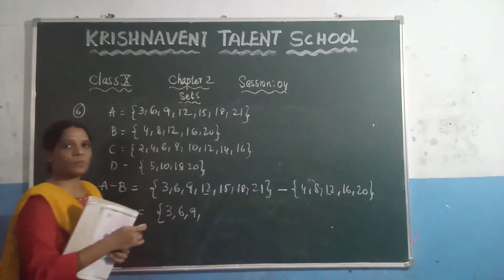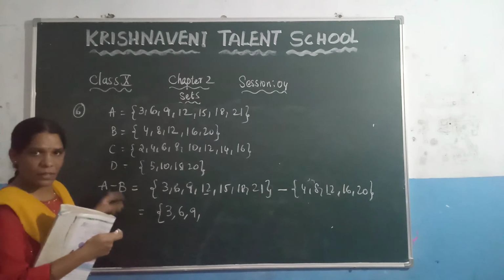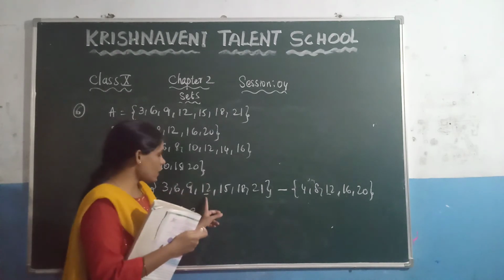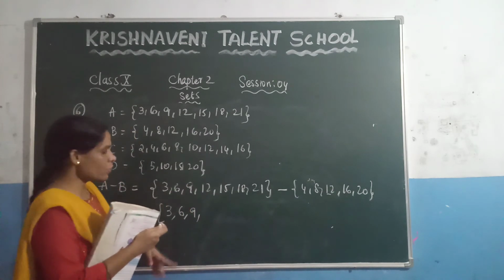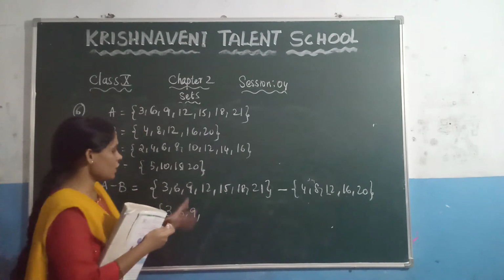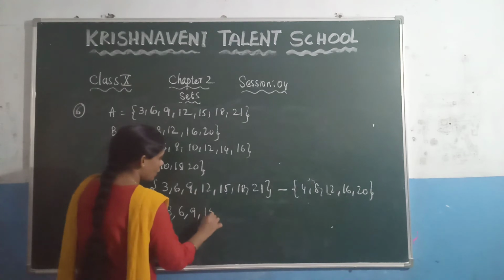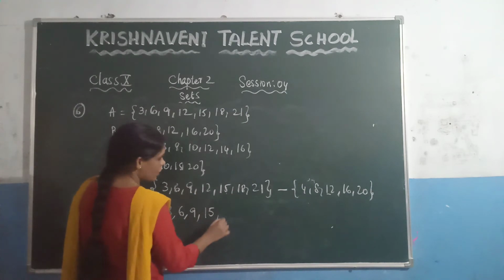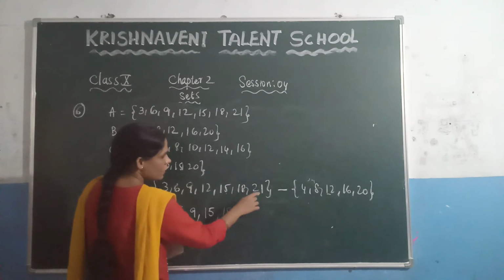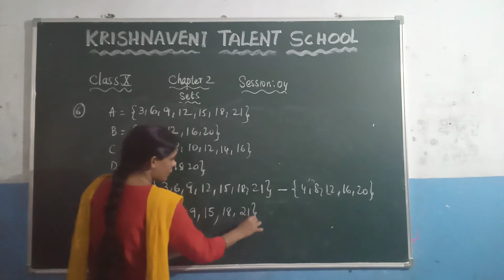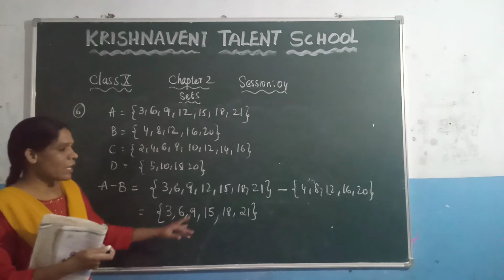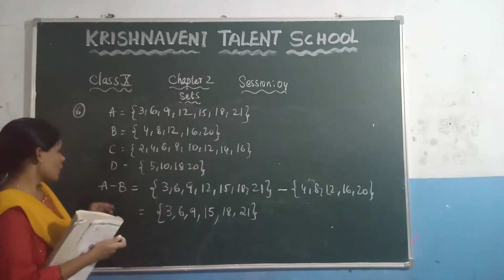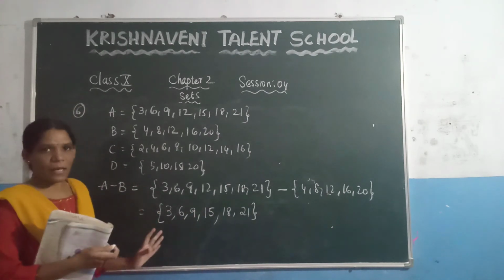But you need to write the elements that are present only in A. So, since this element is also present in B, there is no need to write it. Now, check the next one which is 15. Since it is not present in B, write it. This element is also not present in B, and this element is also not present in B. So, these are the elements that are present only in A and not in B. These are the elements present in A minus B.